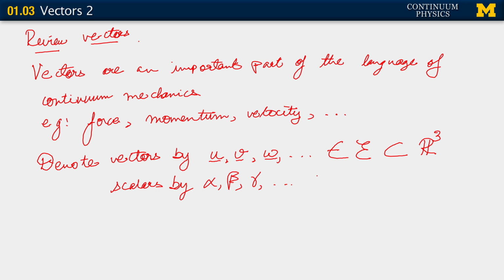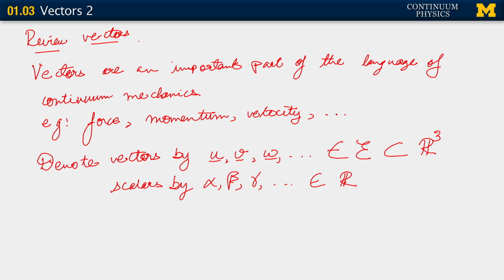If the vectors belong to a space E, which is a subset of R3, what kind of space do our scalars belong to? Something for you to think about for a few seconds. Our scalars belong simply to the space R. They're just real numbers, so you can think about them as living in one-dimensional space denoted by real numbers. Okay, so that's the notation we have.